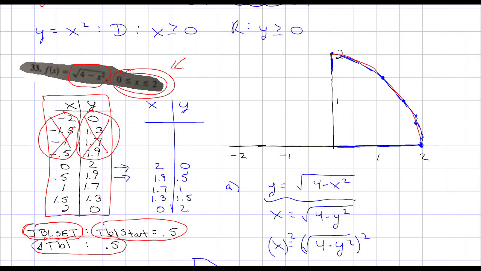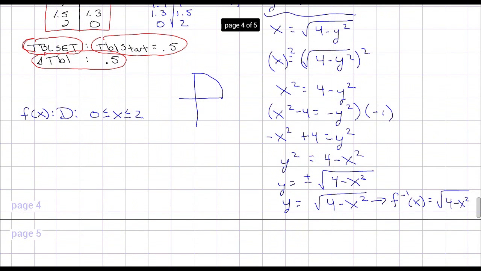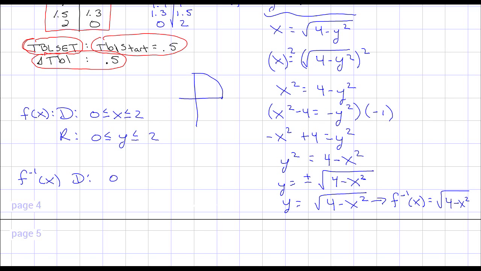The range is also just from 0 to 2, because the graph only exists going up and down from 0 to 2. So 0 is less than or equal to y is less than or equal to 2. For the inverse, if you interchange those statements, you again happen to get the same domain and range.